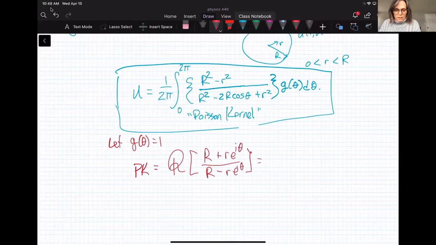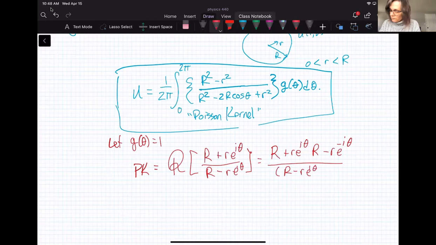And you could do that because if you expand this out, this becomes R plus r e to the i theta, times R minus r e to the minus i theta, over R minus r e to the i theta times R minus r e to the minus i theta.